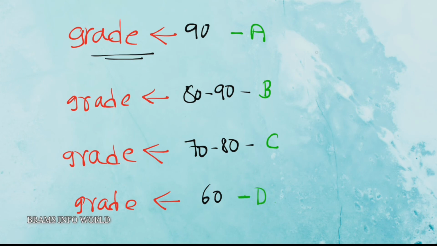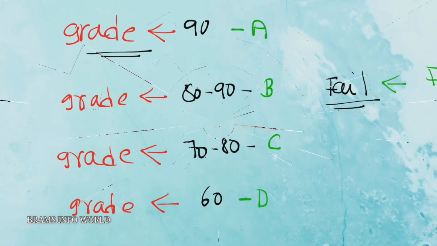If the grade is F, then we have to write fail. Like that we are going to implement the program.